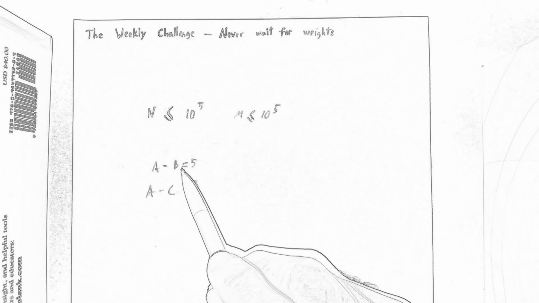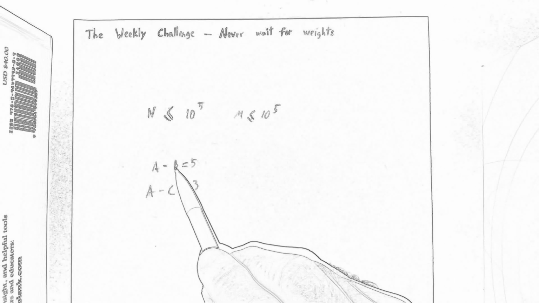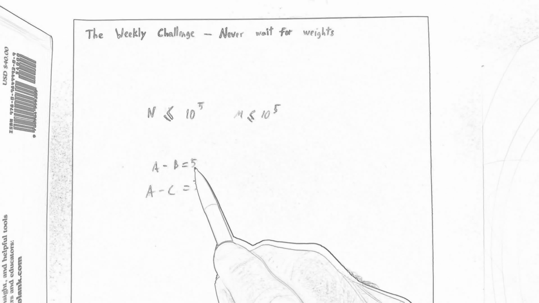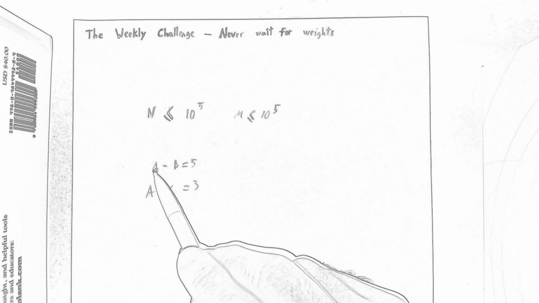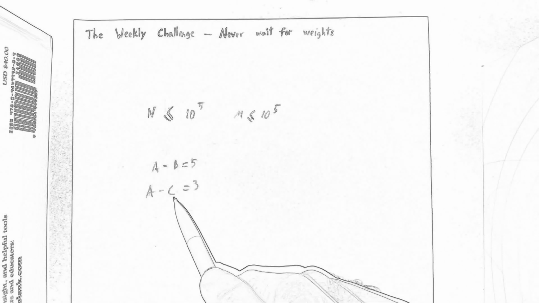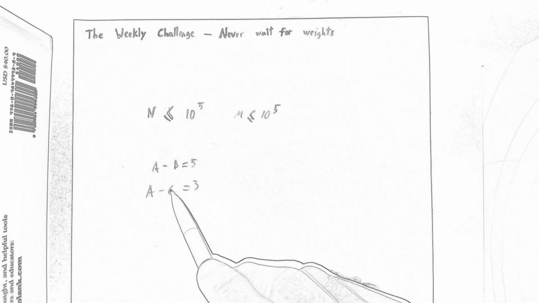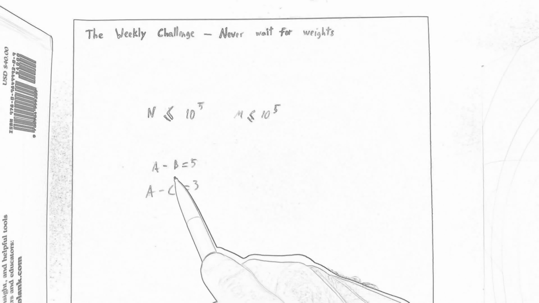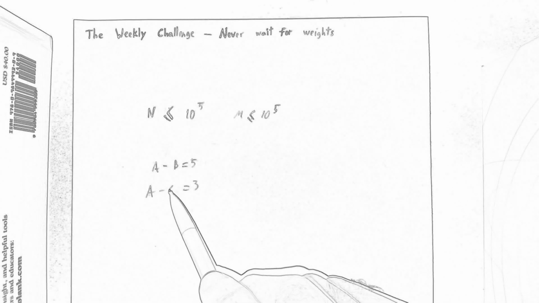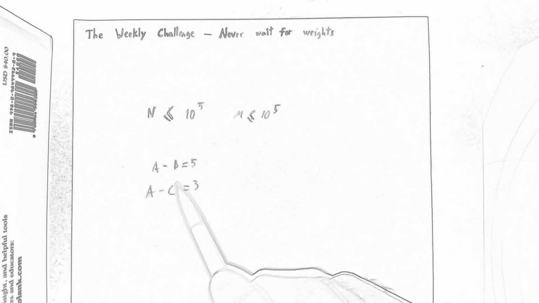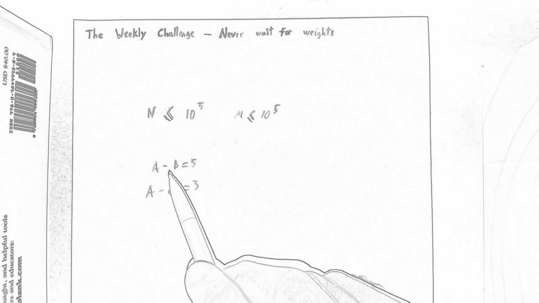So in this case, we know that the difference between a and b is equal to 5, which means that if we know the difference between a and another variable, for example c in this case, this gives us the power to tell the difference between b and this other variable too, because of the laws of number theory, right?